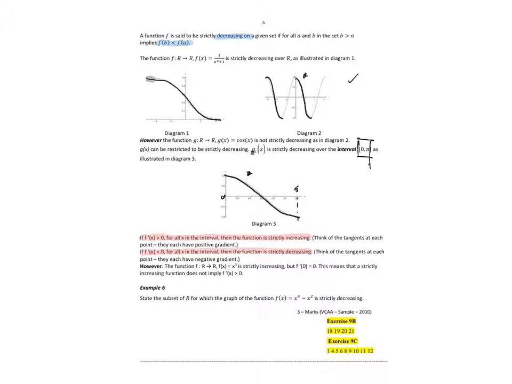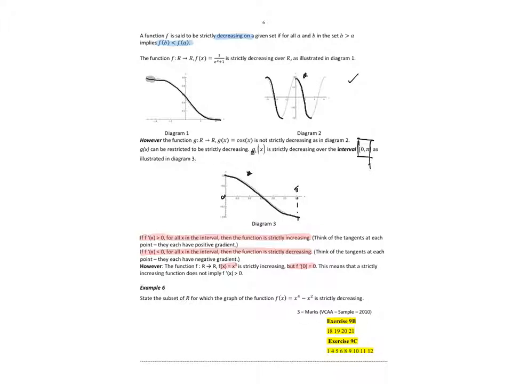Now, if we go to the x cubed graph, the graph of y equals x cubed is increasing the whole way, but as it turns out, the derivative is 0 at a particular point.